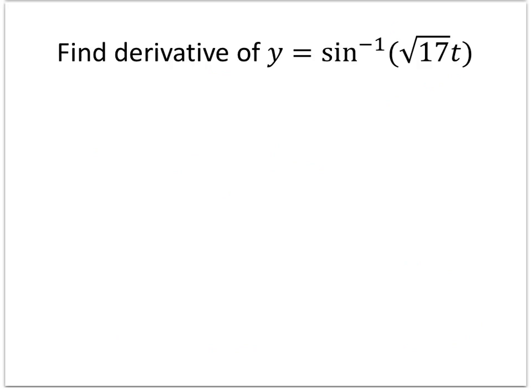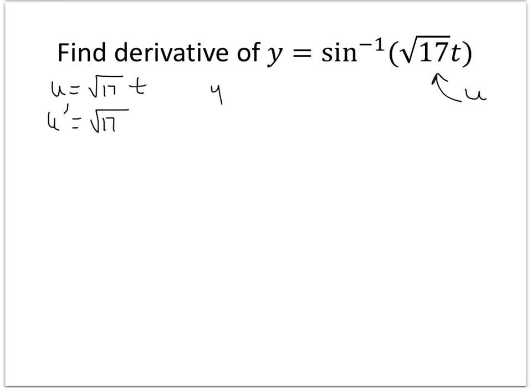Okay, so I want to find y prime. I can do this either the fast way, my way, but as these get a little more difficult, it's a little bit easier to do that whole u, y thing, meaning that I could let u equal the square root of 17 times t, that t's on the outside, and then I can take the derivative, which the square root of 17 is just a constant, so u prime is square root of 17.